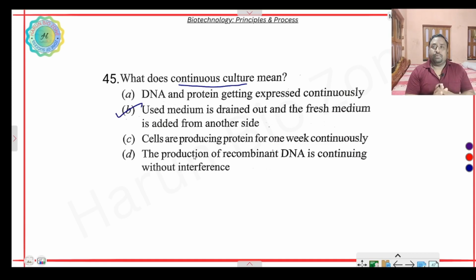There are two types of culture, one is batch culture, the second is continuous culture. In batch culture, the nutrient medium is given at one time only. But in continuous culture, the bioreactor has two openings. From one opening, fresh medium is added to the culture, and from the other opening, the waste culture medium is given out.